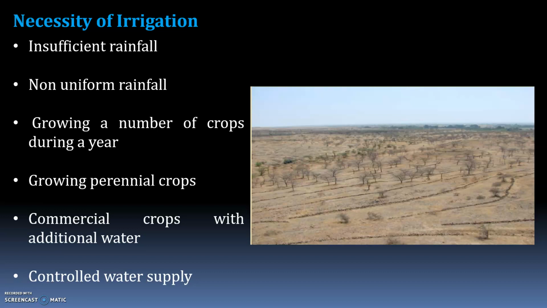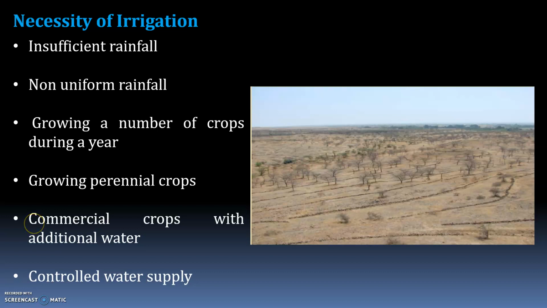Then the next one is commercial crops with additional water. Here, the rainfall in a particular area may be sufficient to raise the usual crops, but more water may be necessary for raising commercial and cash crops.